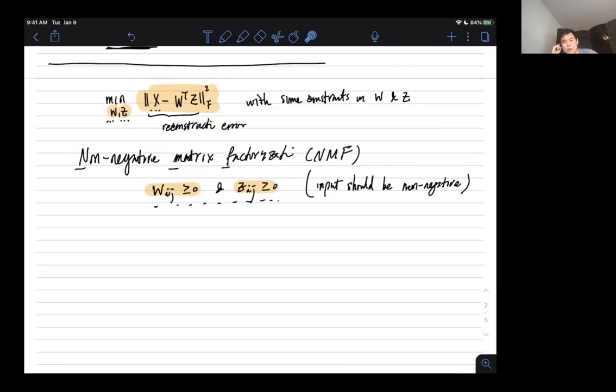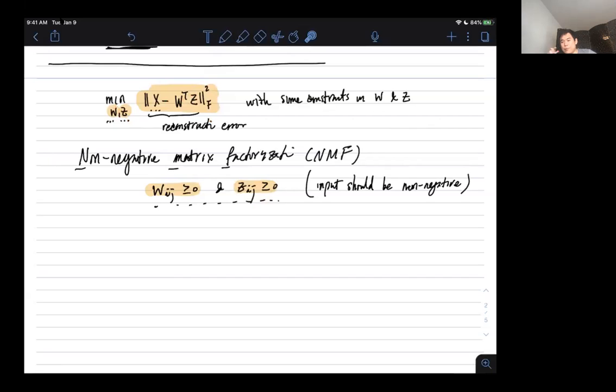Now, of course, if we use the gradient and then update the weight matrix and code matrix without any thinking or without considering these constraints, then it's possible that the resulting weight matrix and the code matrices may contain negative values, and then that's not what we want. So one easy way to go about is to use the projected gradient descent algorithm that you're going to see on Wednesday how it works.